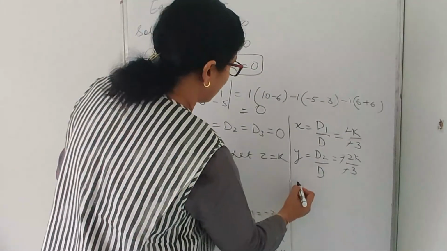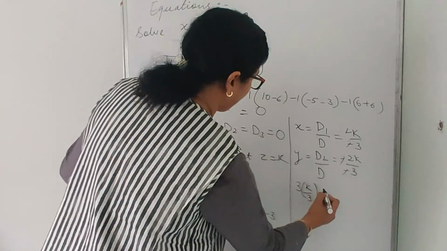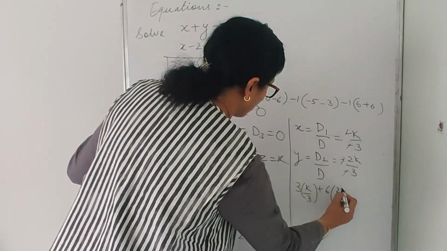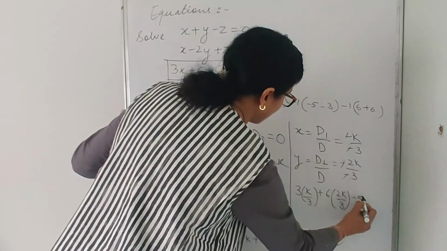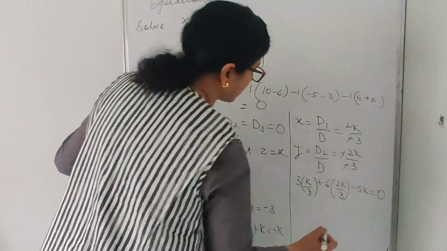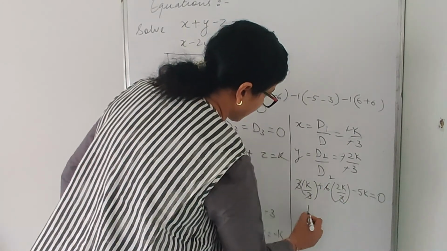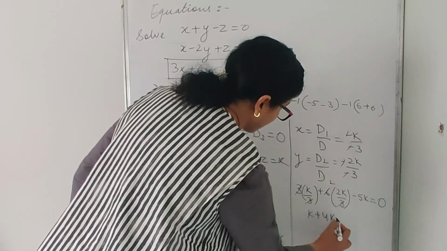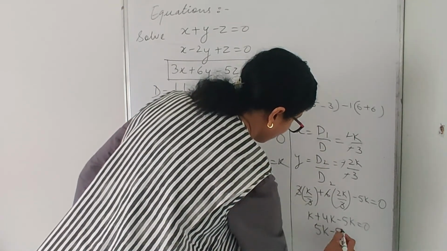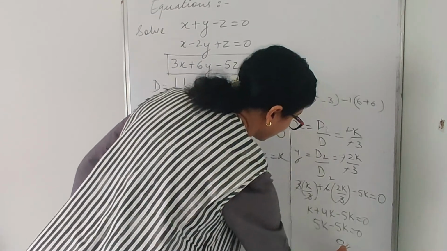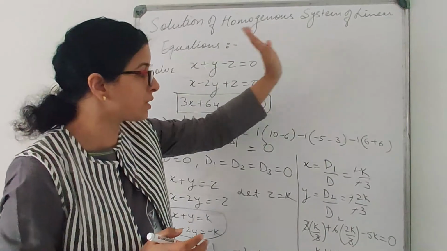So k by 3 plus 6 times 2k by 3, minus 5k should be equal to 0. So k plus 4k minus 5k equals 0, 5k minus 5k equals 0. So it is satisfied.